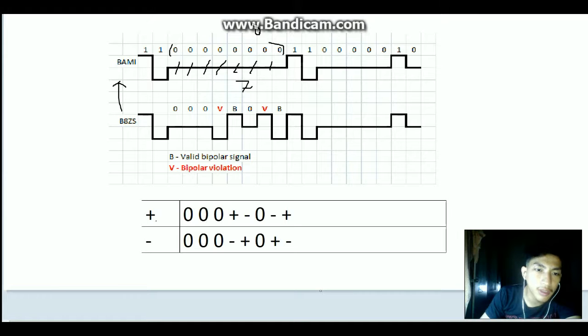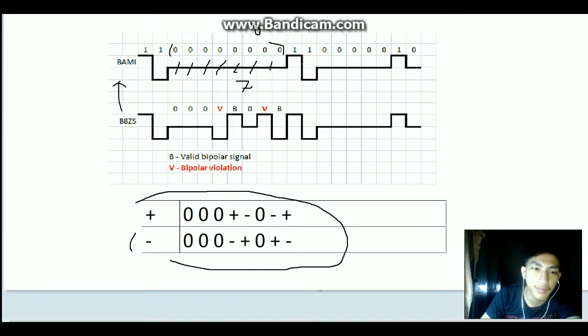So it uses this set of code. First we start with positive voltage, same as BAMI, bipolar AMI. Then negative voltage. Because this is negative, we use this negative set of code.